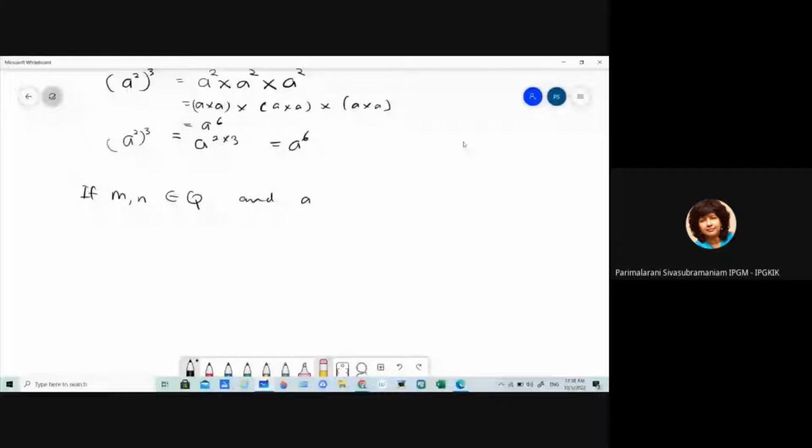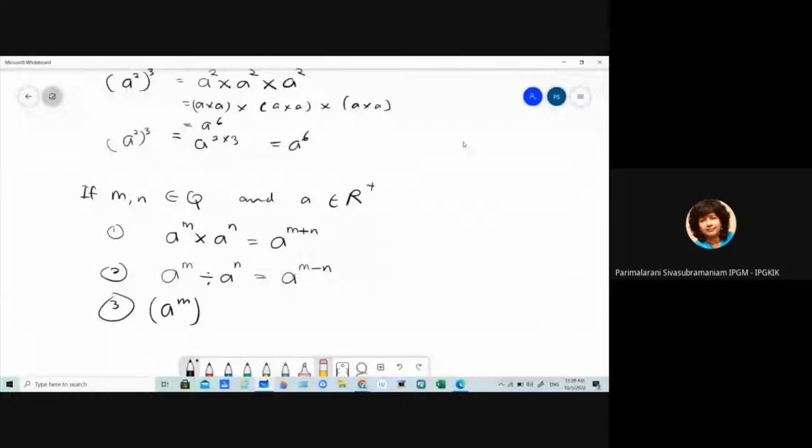First law of exponent: a to the power of m times a to the power of n is a to the power of m plus n. Second law: a to the power of m divided by a to the power of n equals a to the power of m minus n. Third law: a to the power of m to the power of n is equal to a to the power of m times n.